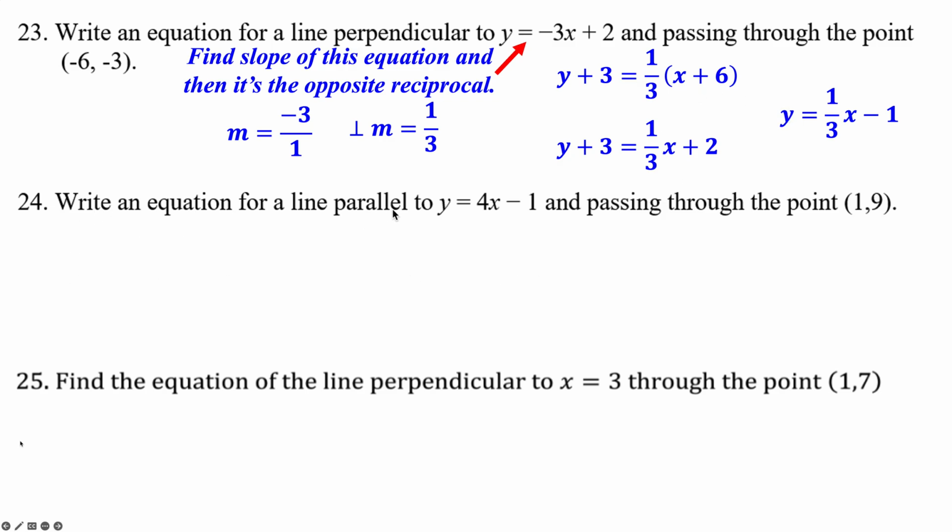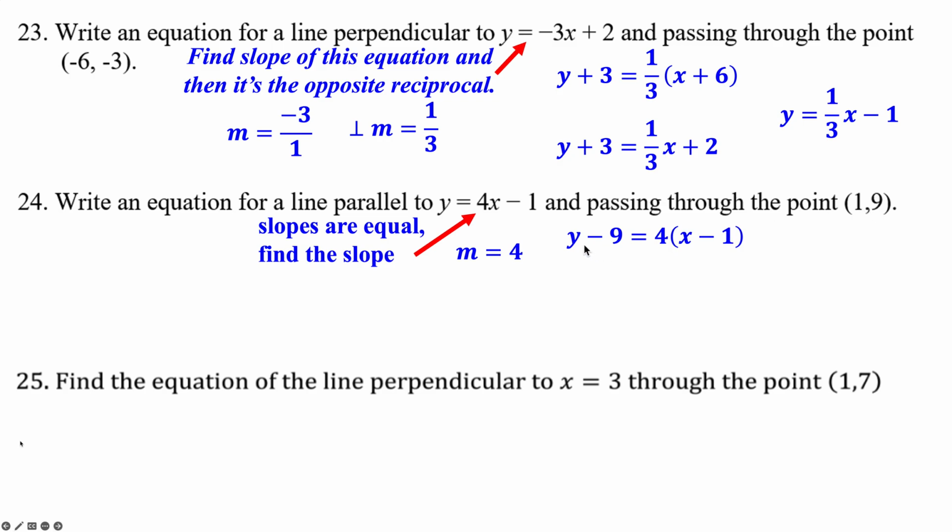Write the equation of a line parallel to y equals 4x minus 1 and passes through the point 1, 9. All right, we need the same slope as this equation, so m equals 4. We have our point, 1, 9, so y minus 9 equals 4 times x minus 1 in point slope form. We can leave it like this, or because 4 is an integer, we can distribute it, clean it up, and go 4x minus 4, add over the 9 to get 4x plus 5.